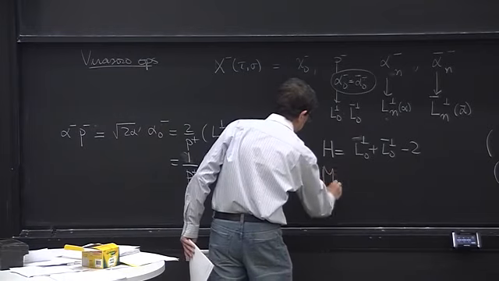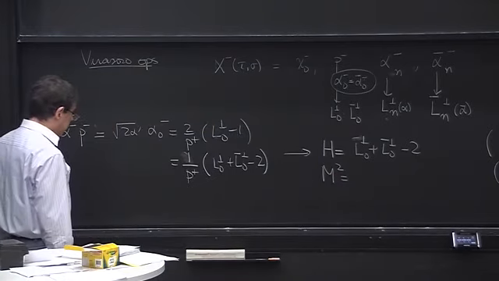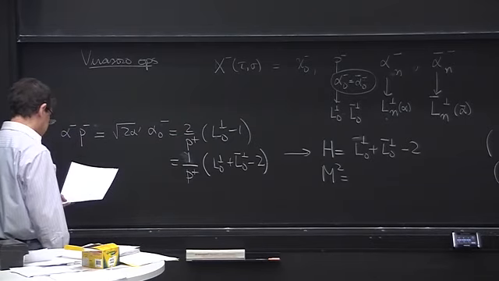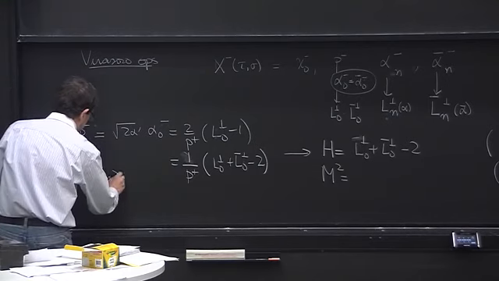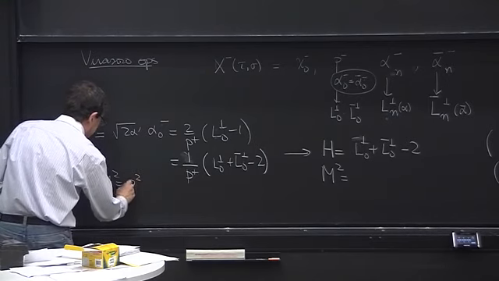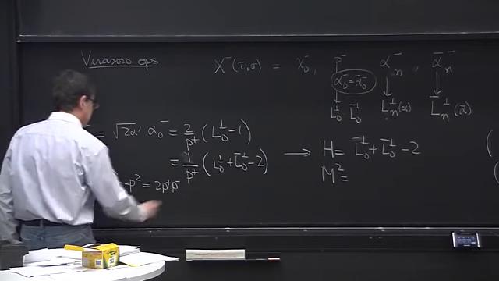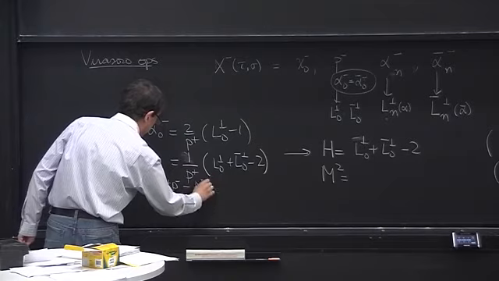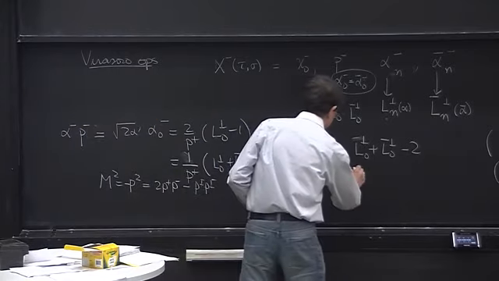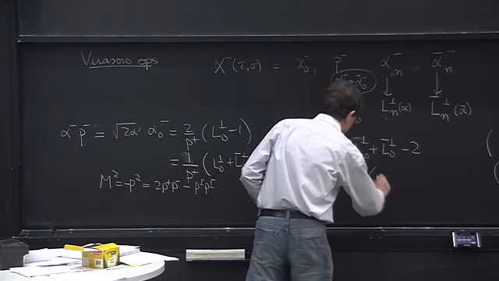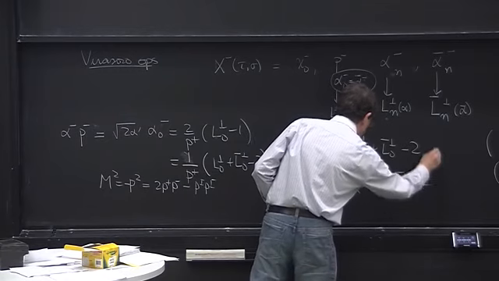And the mass squared formula comes from m squared equal to minus p squared, as usual, 2 p plus p minus minus p transverse squared. Go through the steps. The mass formula is 2 over alpha prime times N plus N bar minus 2.